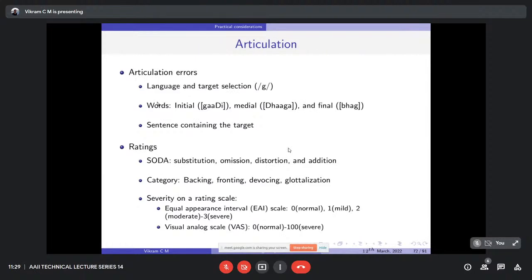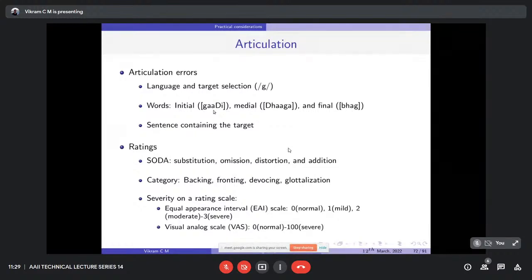For example, for articulation assessment, we need to have some target sound. That means the stimuli here means the target sound. Suppose for a person with pronunciation disorder, we ask them to produce the word gadi, then he may produce it as dadi or kadi, or anything else with some pronunciation error.